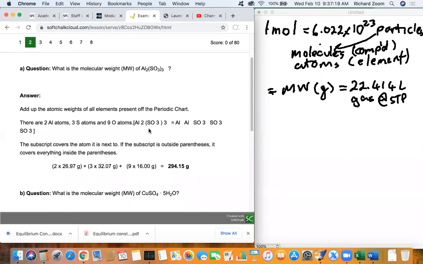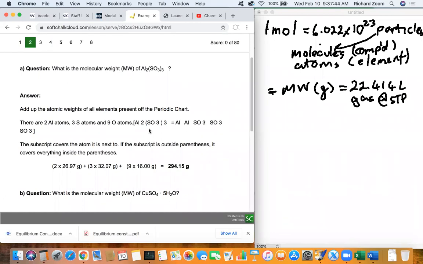And as people find more and more different deposits of different isotopes in different places, then these values can tend to change from periodic table to periodic table. Not very much, but it's enough to make it off so that you could possibly get the wrong answer if you're using the wrong periodic table, if you were being asked to get a molecular weight.